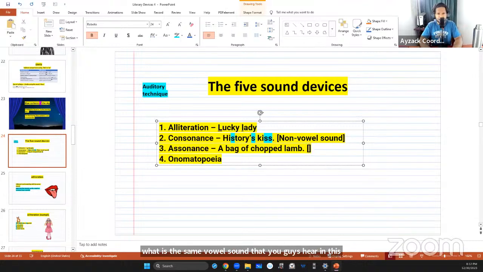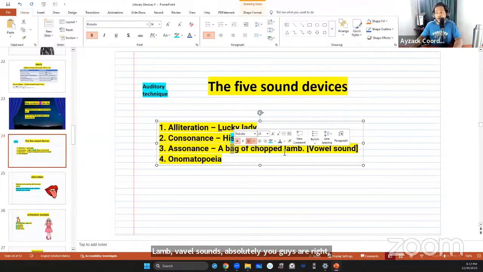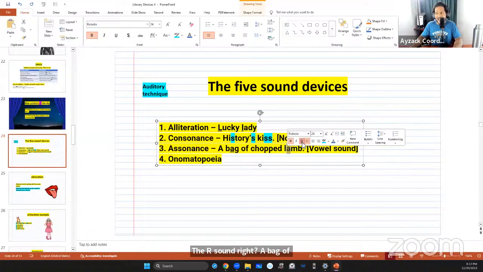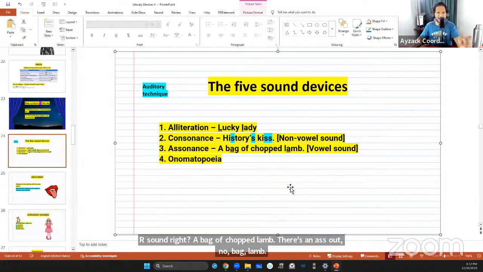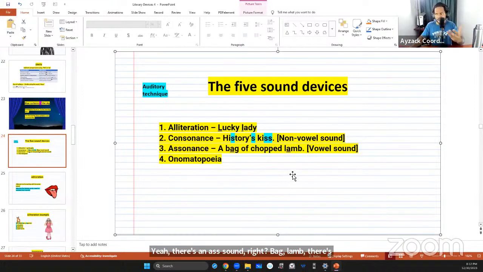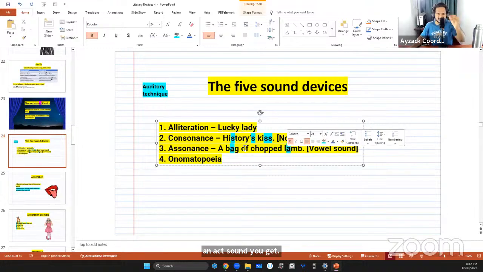A bag of chopped lamb. Vowel sounds. Absolutely, you guys are right. Geniuses you guys are. There's an A sound in bag, lamb. That is why these are called assonance. Assonance means you have adjacent words that have the vowel sound inside of them. Consonance means we have adjacent words that have the non-vowel sounds inside of them.